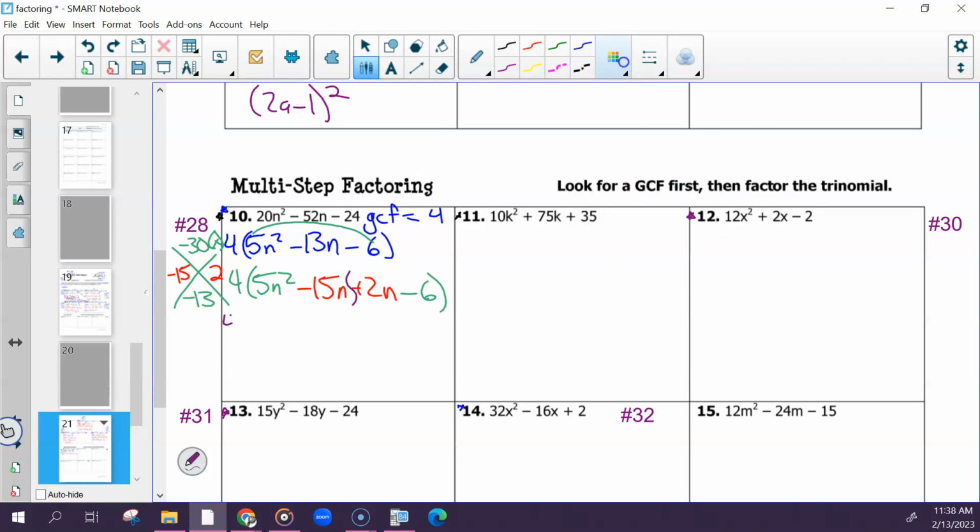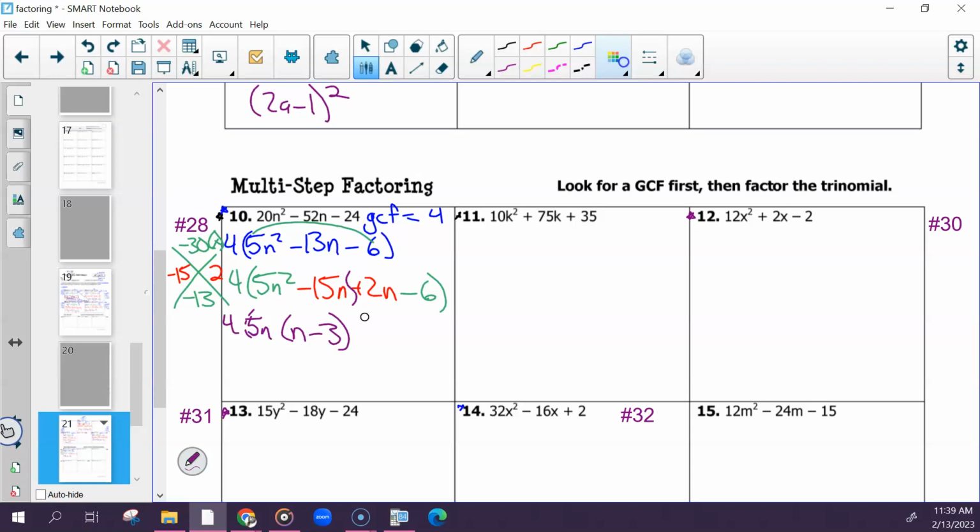Bringing down your 4, what could you divide out of 5n squared and negative 15n? 5n. If you divided out 5n, what would be left? 1n minus 3.